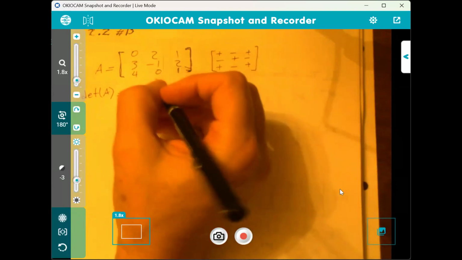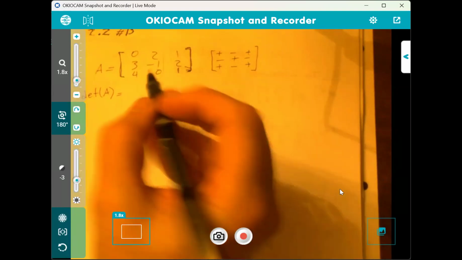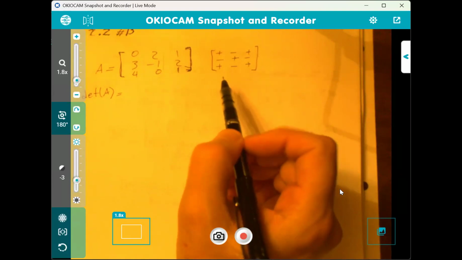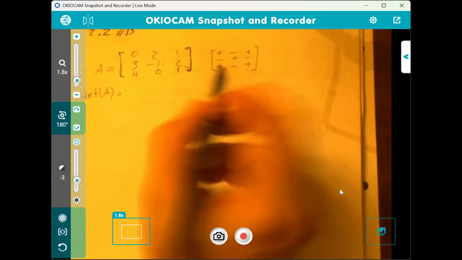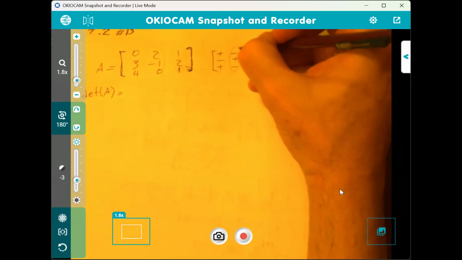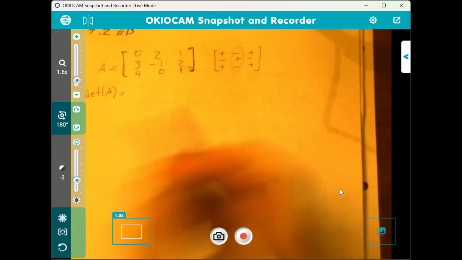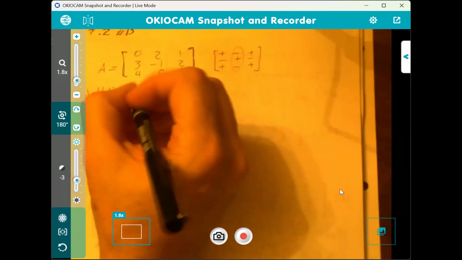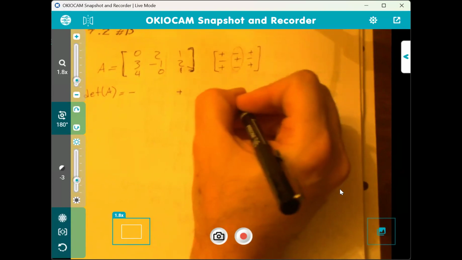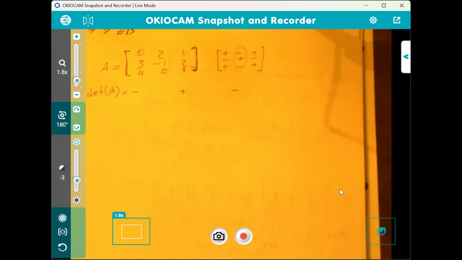So it's going to be the element times its cofactor. Now for the cofactor, remember -1 to a power gives you a sign. So I'm going to just copy the signs in the second column. The signs are negative, positive, negative. So I'm just going to go negative, positive, negative. That handles the -1 to the power part.